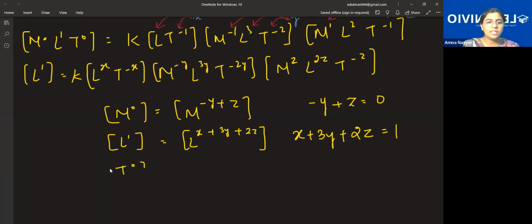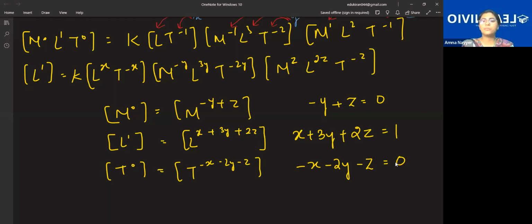Time here is again 0. So this is equal to t to the power -x -2y -z. So what will be the equation then? -x -2y -z is equal to 0.